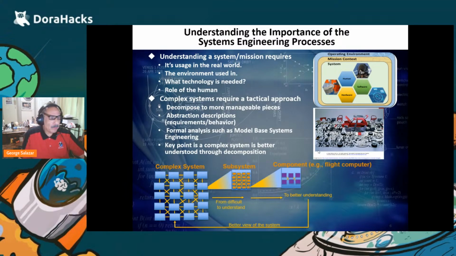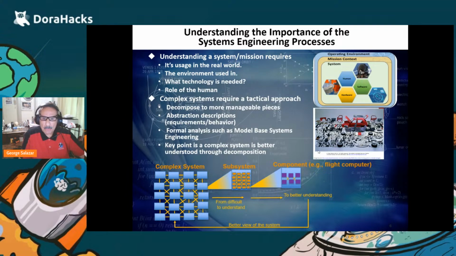And here's another pictorial example of complexity and how decomposition makes things a little bit easier. So you've got a complex system, but if you break it down to subsystems, the subsystem is better understood. And if you break that subsystem down to components, it's even better understood. And now you can design something that's a little bit more manageable.